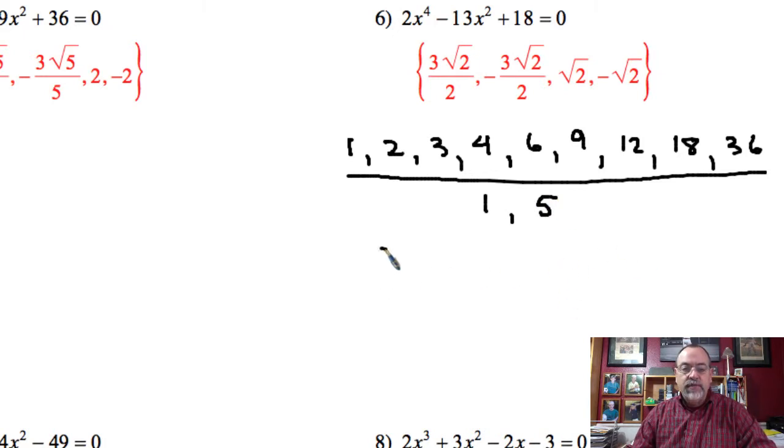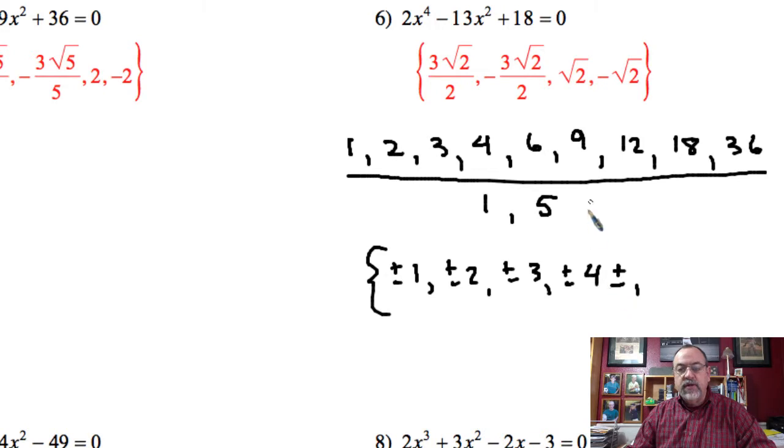So my possible list includes plus or minus 1, plus or minus 2, plus or minus 3, plus or minus 4, basically all of these numbers, plus or minus 6, etc., all of those over 1, and then all of those numbers over 5. So this is a pretty big list.